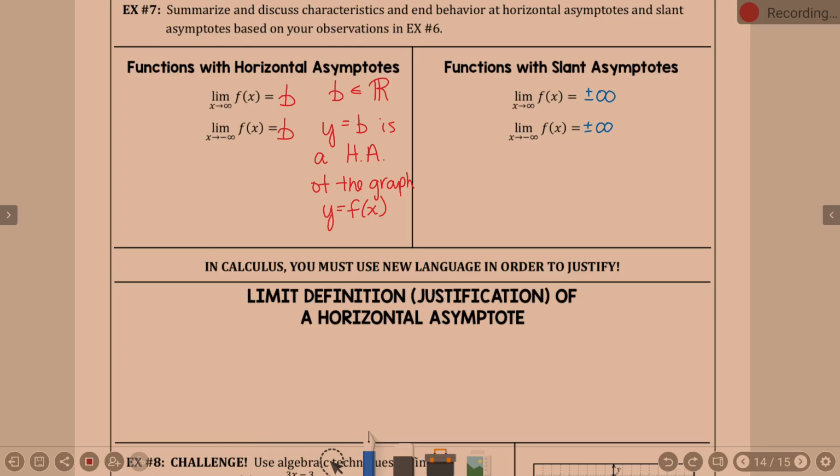Okay? So, the comment I'm going to put here: use long slash synthetic division to find slant asymptotes.